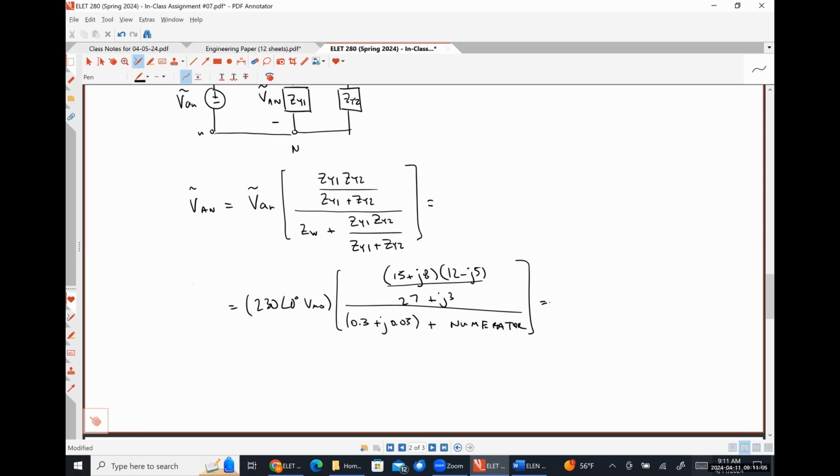Oops, 12 minus 5i, when my calculator has input lag.